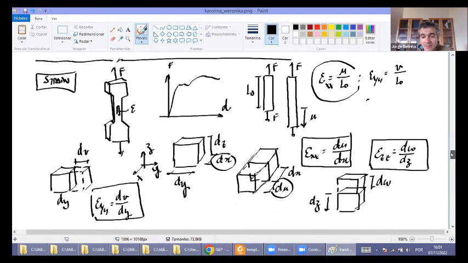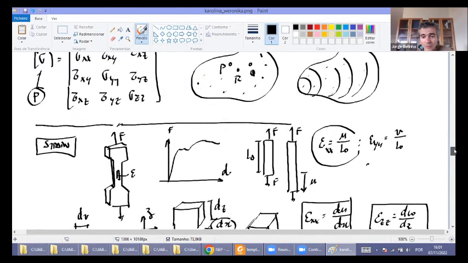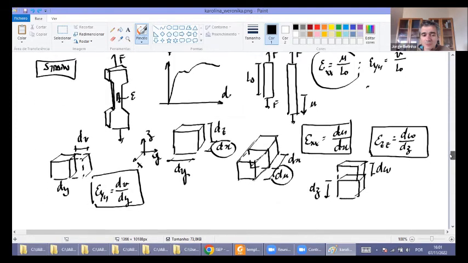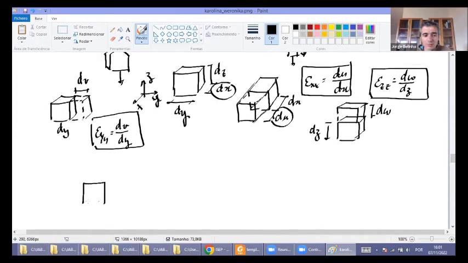Well, these linear strains are related to these values here, you're going to see. But now you have some shear components. It's the same for the stress. You can, for example, take a cube and apply a force here, and the cube will have a distortion.